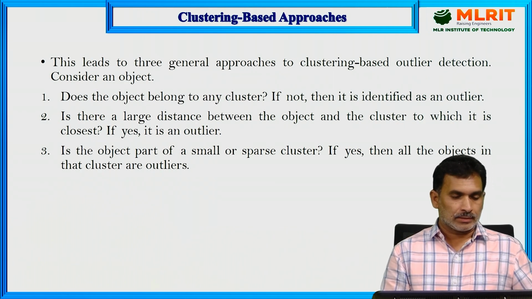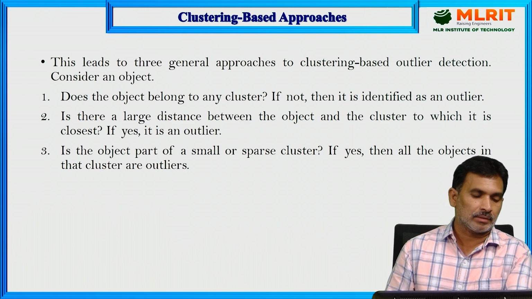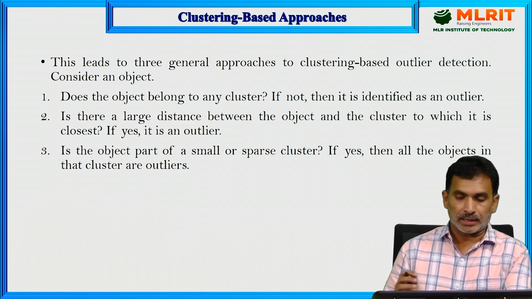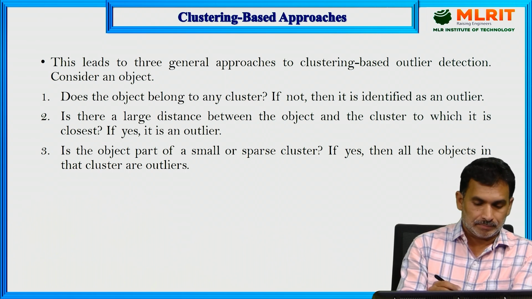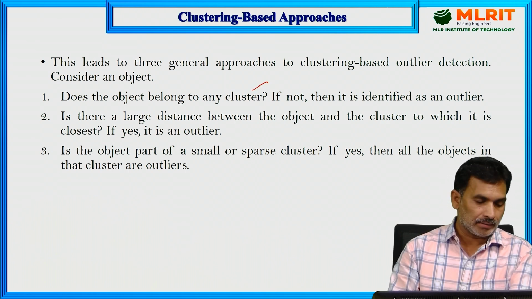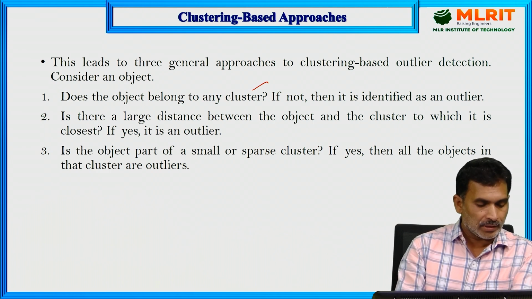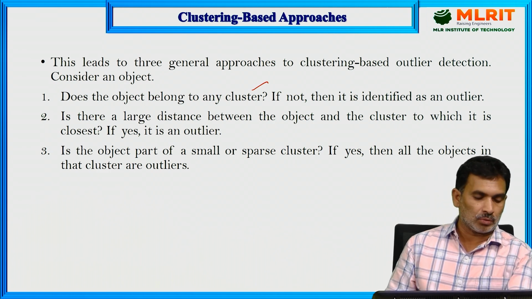This leads to three general approaches to clustering-based outlier detection. Consider an object: does the object belong to any cluster? If not, then it is identified as an outlier. The second: is there a large distance between the object and the cluster to which it is closest?